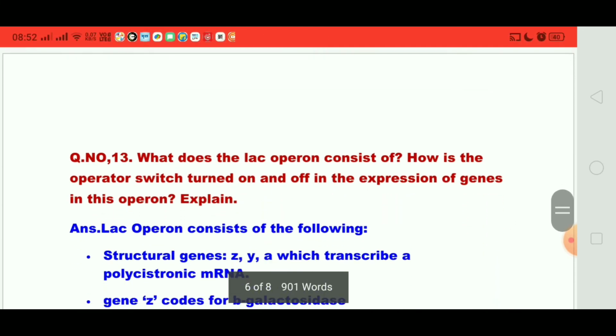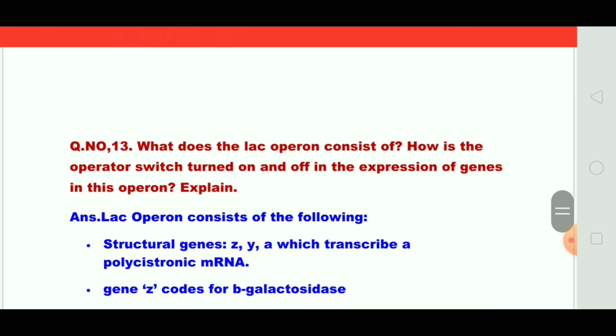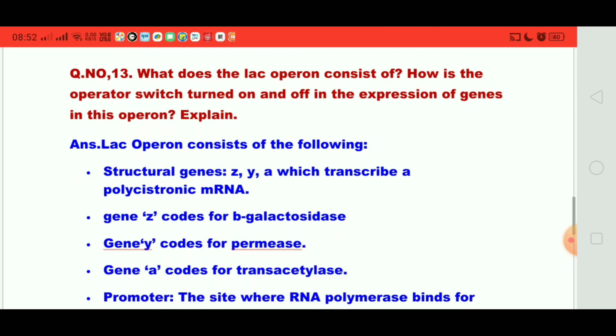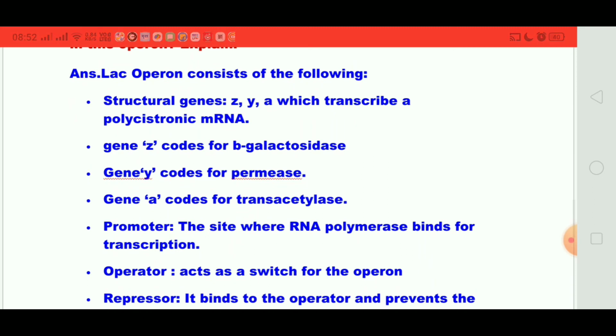Next, what does the lac operon consist of? How is the operator switch turned on and off in the expression of genes in this operon? Explain. The lac operon consists of the following: structural genes Z, Y, A, which transcribe a polycistronic mRNA.